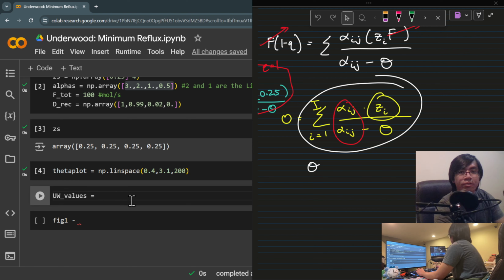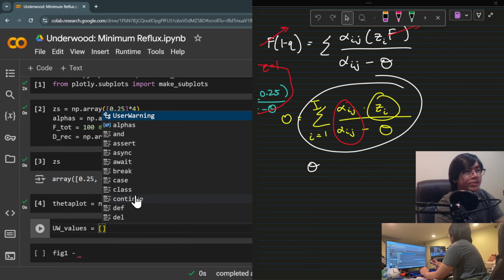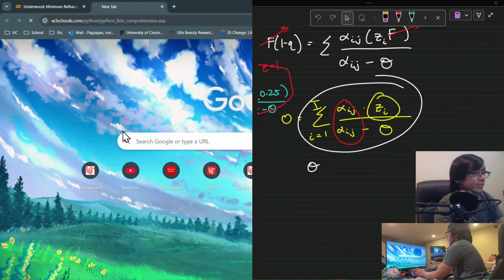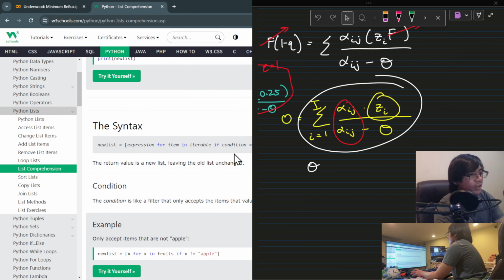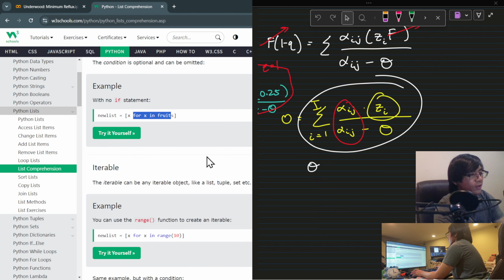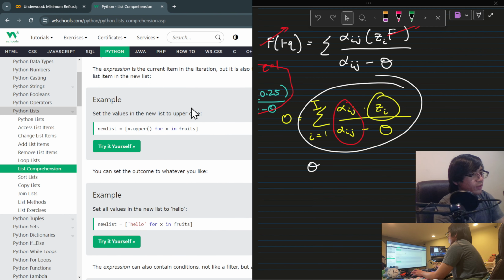So for me, let's see. We have our alphas. So this will be a list. We'll be doing list comprehension. I think better just see this in action. And I already looked it up because I had to study it. Essentially, it's kind of a for loop. So you're creating data points and you store it in a list, and you do that for a condition. So you can do it for a range, you can do it for an inequality.